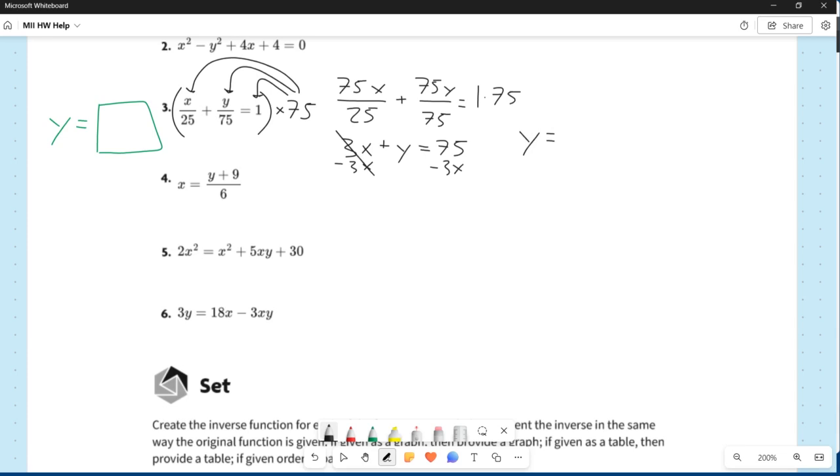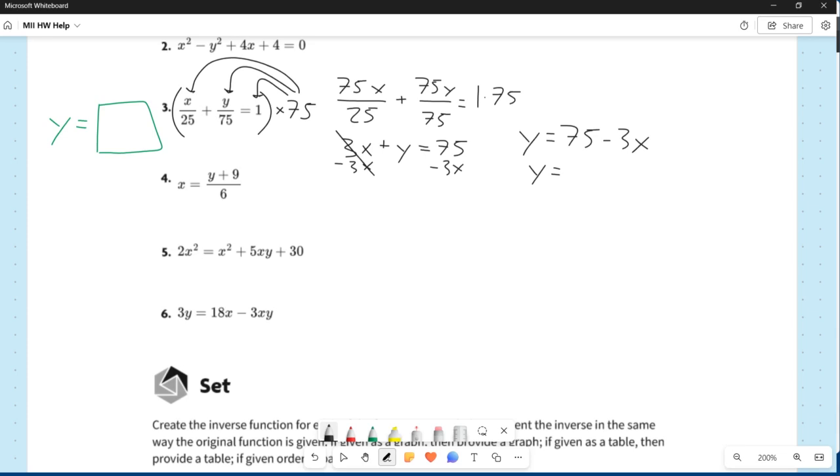What I have is 75 minus 3x. Now, if you put y equals 75 minus 3x, that is correct, and that's fine. Nothing really wrong with that answer. If I was completing this assignment, the way that I would write this is y equals negative 3x plus 75. It's a quasi-mathematical convention that if you have a term with a variable and a term that's a constant, it's common to see the term with the variable first.